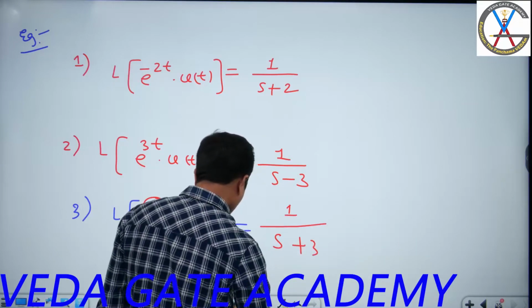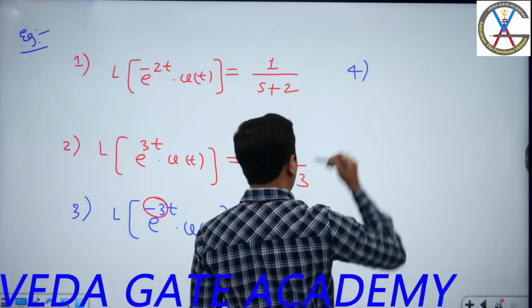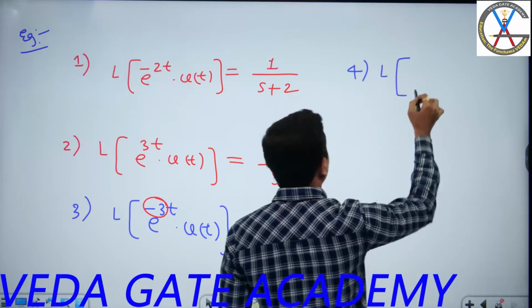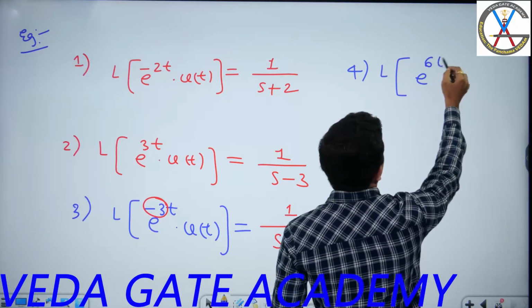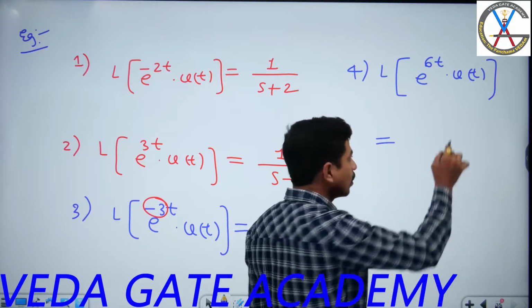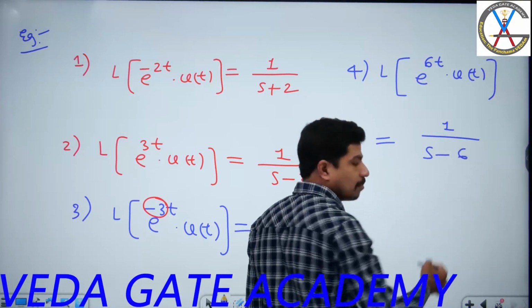Now come on here. I will be giving one more example. Laplace transform of e power 6t into u of t. What is u of t Laplace? 1 by s. As I have 6 here, I am going to get minus 6.